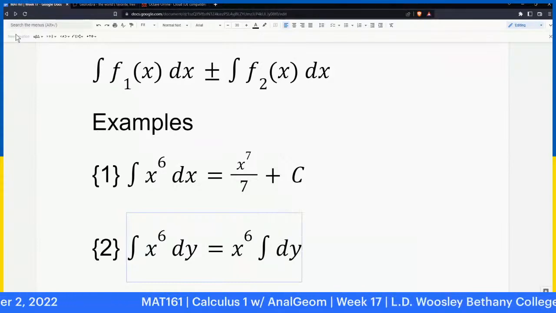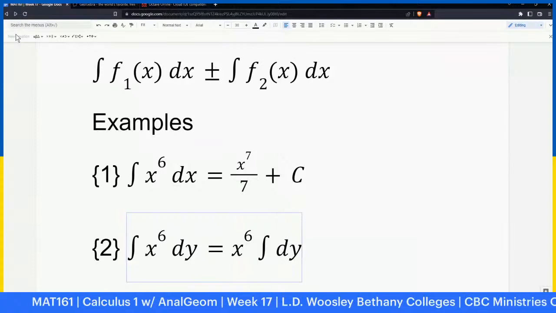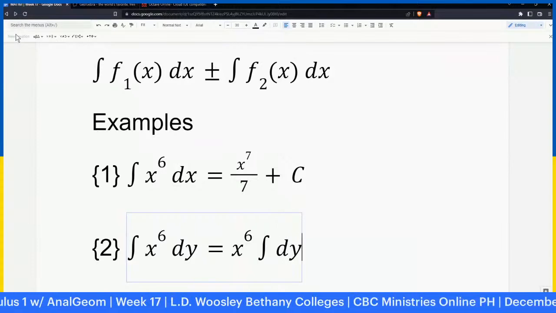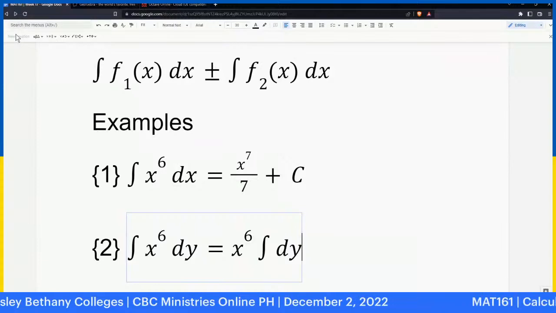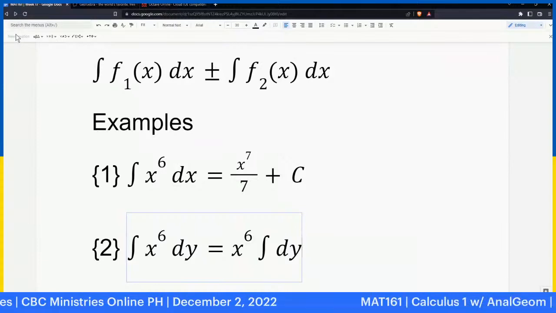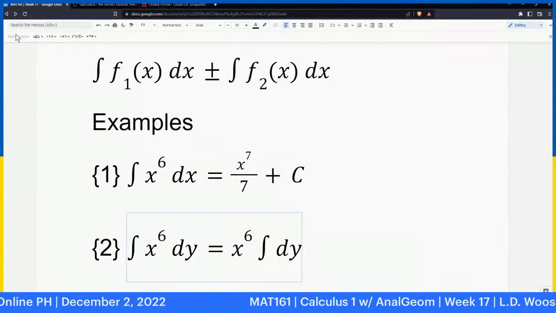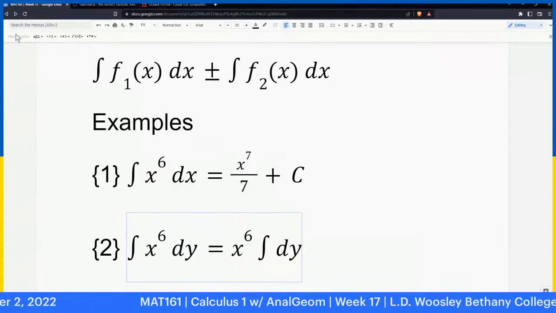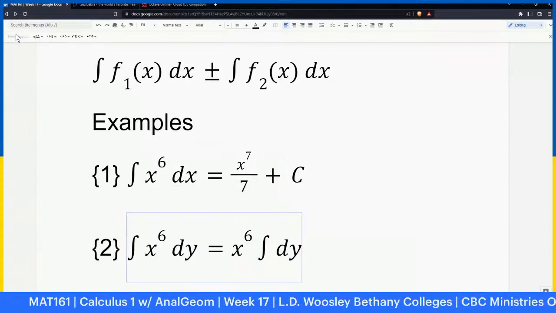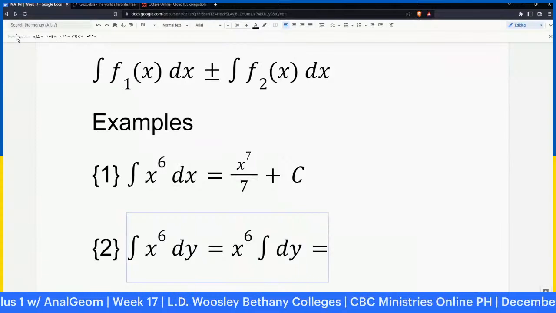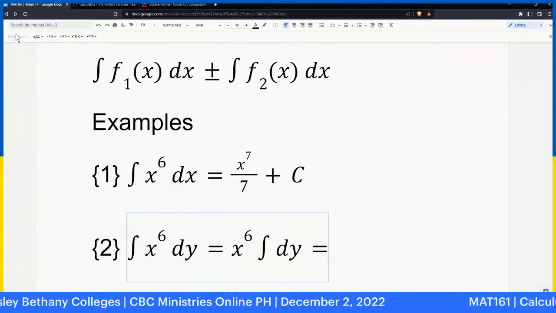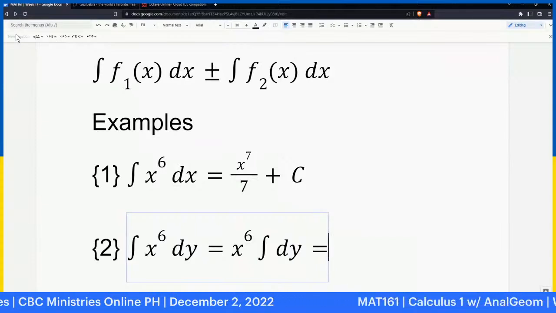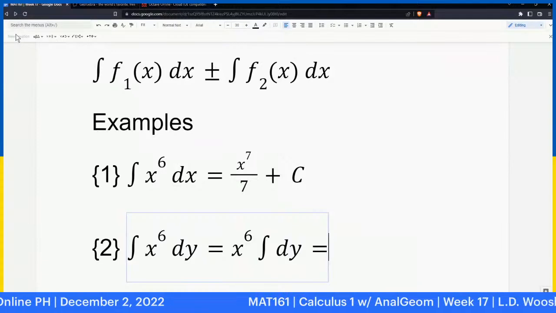And what is the integral of dy? Take note, you have an invisible 1 there that you cannot see, but I can see it. 1 dy is written there. So what's the answer? Integral of dy, or integral of 1 dy. What's the answer?